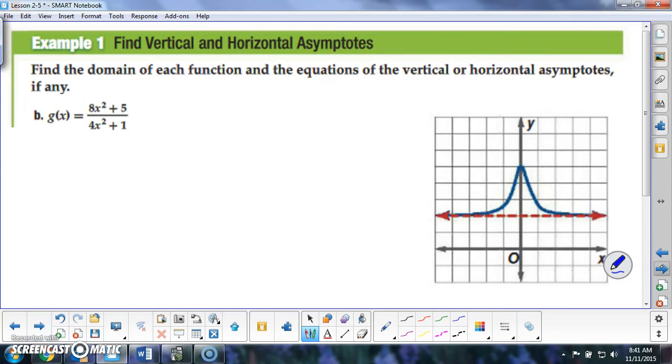Another problem, the same directions. It says find the domain of each function and then the equations of the vertical and horizontal asymptotes. Now this one's a little bit different. As you can see on the graph, we don't have a vertical asymptote right here. And if we were to take the denominator, 4x squared plus 1, and set it equal to 0, what would we get for answers?